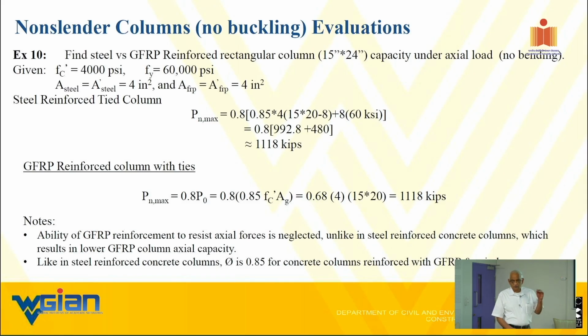As I told you this morning, never exceed 8%. That's a rule by the code due to many reasons. Keeping that aside, normally when you design a column, you're talking about 3 to 4% of the gross cross-sectional area. What I want to say here is important.